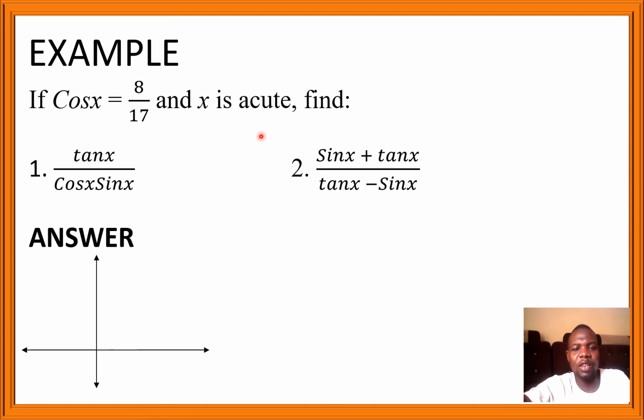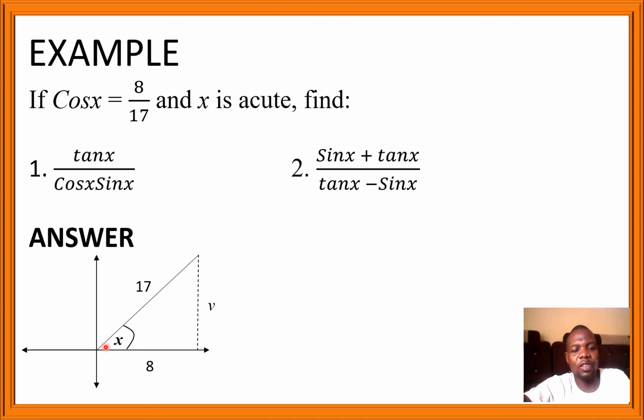That means x is less than 90 degrees but greater than 0 degrees. That is, it should lie in the first quadrant. So this is our first quadrant, and we are going to indicate our x degrees here. This is the x.